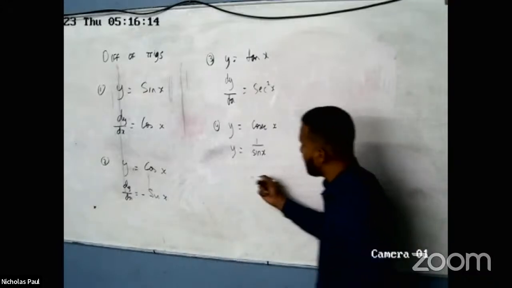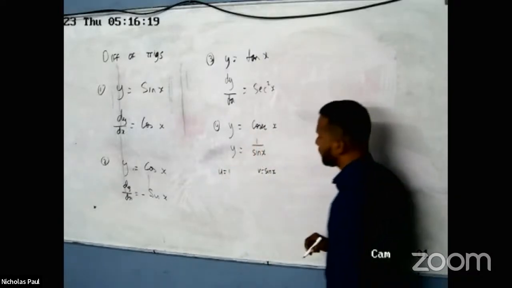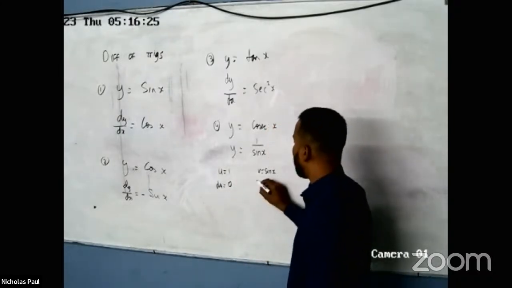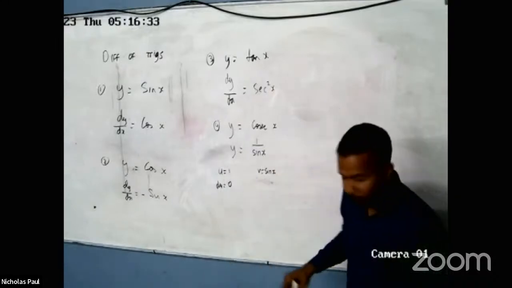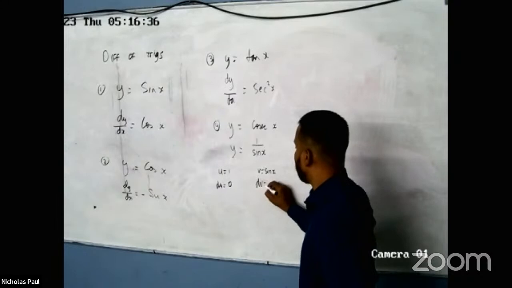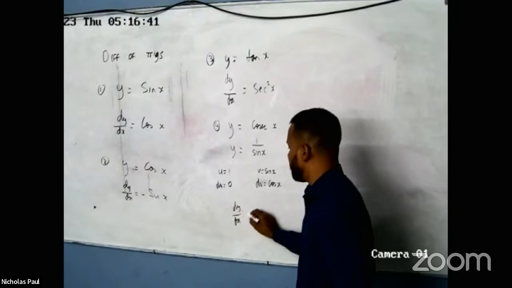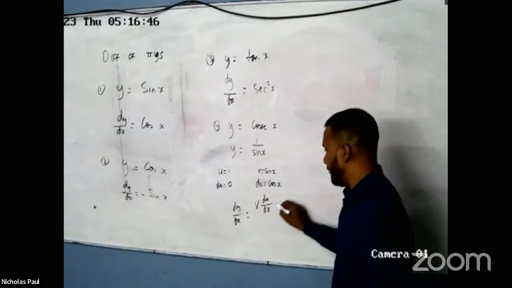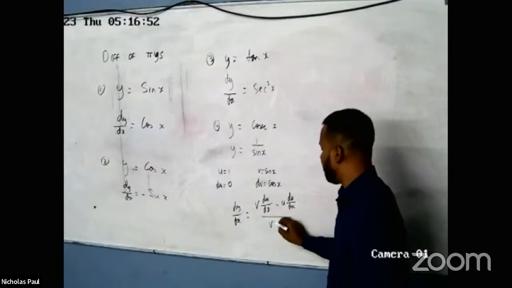One of the ways that we can differentiate this is we can write u is 1, v is sine x. So du dx is 0, and dv dx is, what's the differential of sine x? The differential of sine x is cos x. So dy dx, if we use the quotient rule, is v du dx minus u dv dx all over v squared.